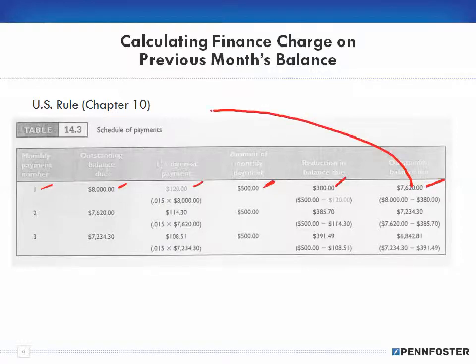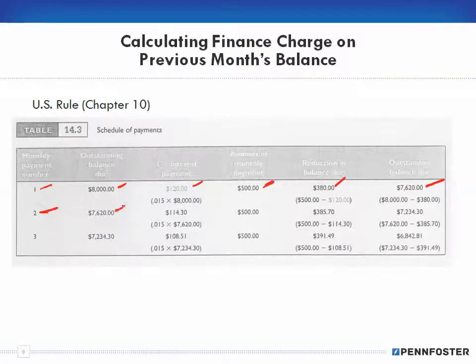So we take the 7,620 and that goes over here to the second month. So we have a new outstanding balance, and we're just doing the same exact process all the way through. We just keep on doing it again and again and again.